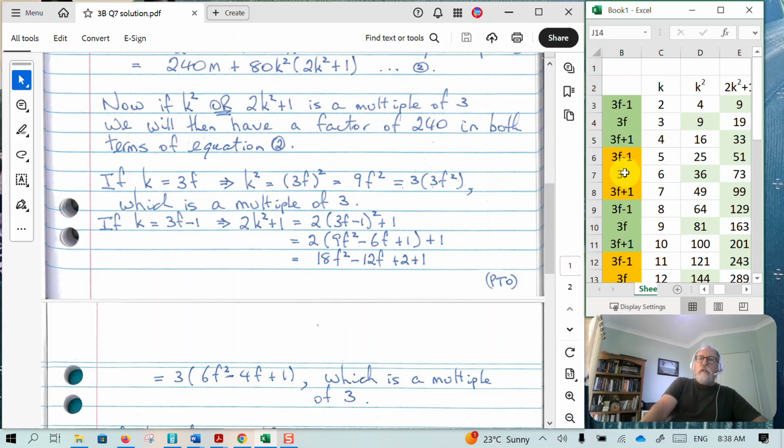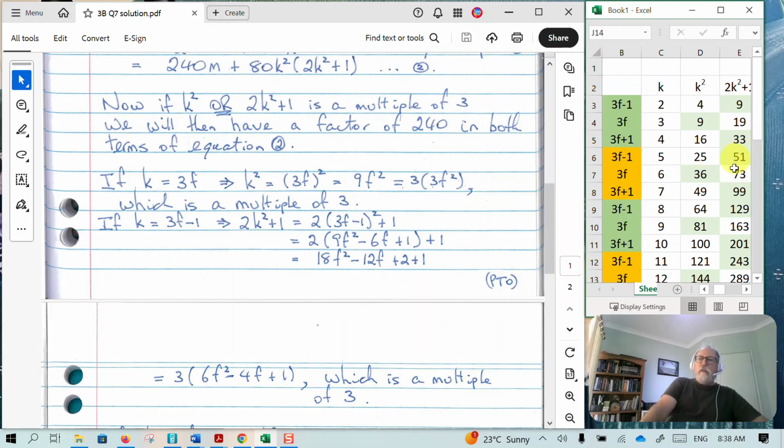If k equals 6, that's still 3 times an integer. Same. So I've said k could perhaps be represented as a multiple of 3. That's my ones here that work out in this column. So if k is 3f, k squared is 3f squared, which is 9f squared, which is clearly a multiple of 3. Easy.